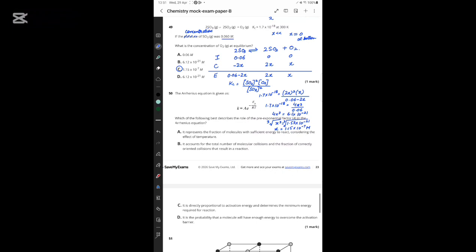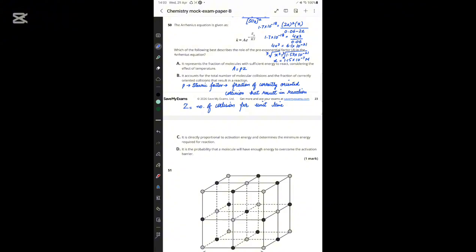Then we have the Arrhenius equation, k is equal to A e raised to power minus Ea over RT. They are asking what the value A actually represents. The factor A actually represents two things. First, let me write them. Two things are: p is the steric factor, which shows the fraction of correctly oriented collisions that result in reaction, and Z is the number of collisions per unit time.